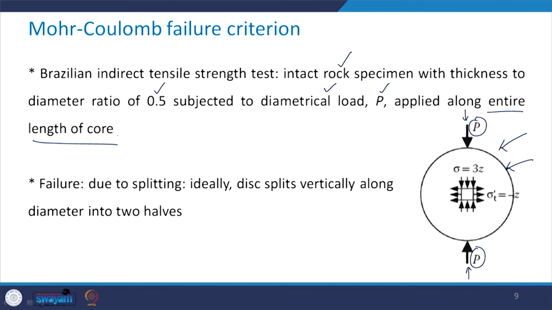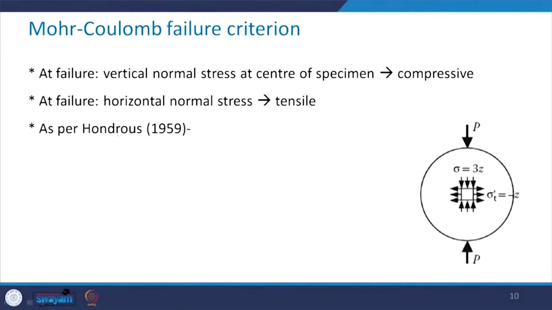The failure takes place due to splitting, and ideally this should split vertically along the diameter into two halves. Then the failure will be at the center of the specimen, and the vertical normal stress at the center is going to be compressive.